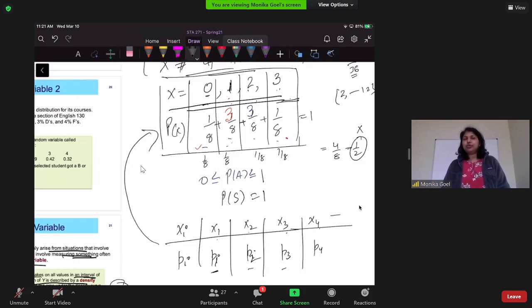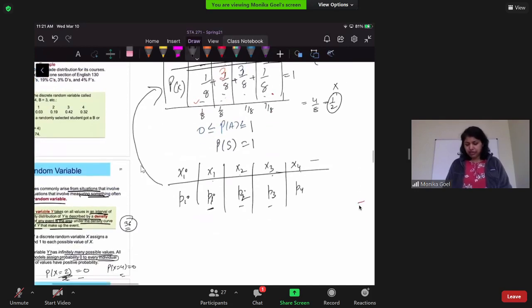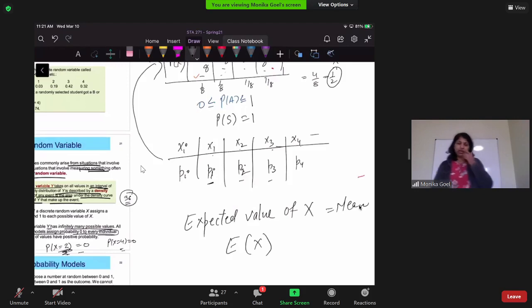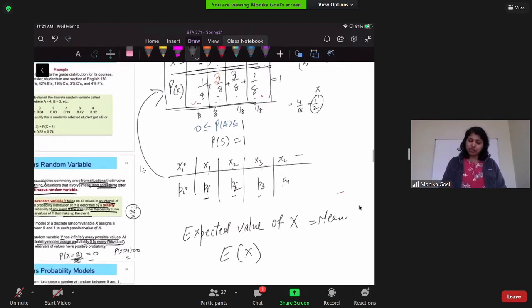So once you know that you can make a probability table, you can find its mean, or we can say the expected value. So when we are looking for the mean in terms of probability, we use this word, expected value of x, and we denote it with this symbol, which is the mean of x. When you are looking for the mean or the expected value of x, first of all, you need to know how to make this table.